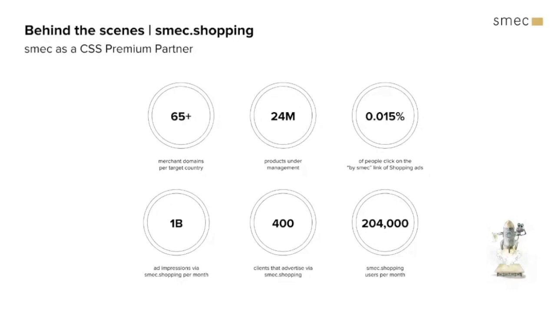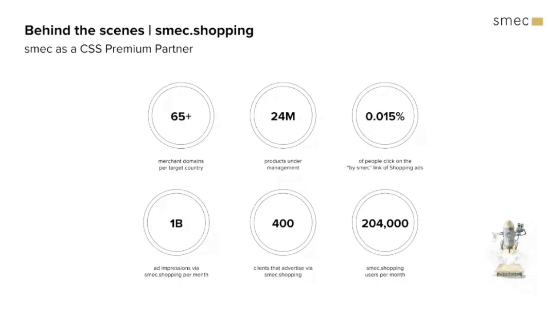About 400 of our clients advertise via SMEC Shopping, some fully with our integrated platform so that we manage GSE as well as CSS, and some using our link-only services, by far the minority. And then about 204,000 visits to our SMEC Shopping website per month, growing at around 5 to 10% at the moment. A big jump late last Q4 is expected, and we're expecting steady growth as the year goes by.